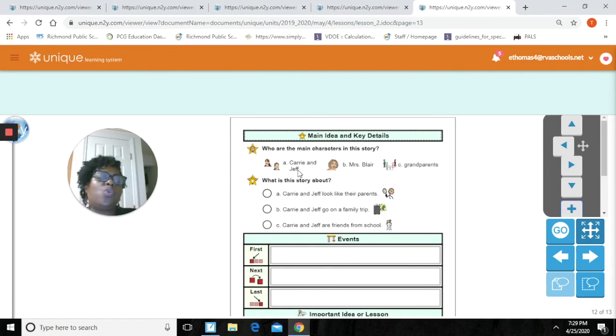It says, who are the main characters in this story? Is it A, Carrie and Jeff, B, Miss Blair, or C, grandparents? Let's see who the main characters are.